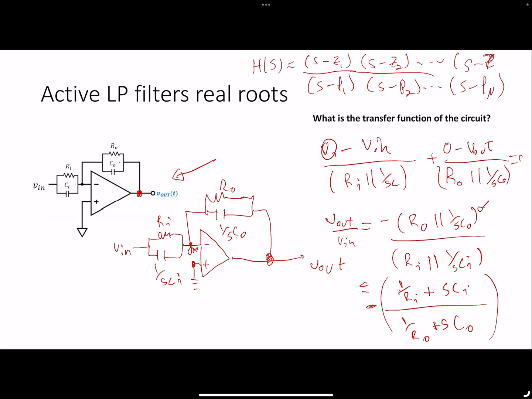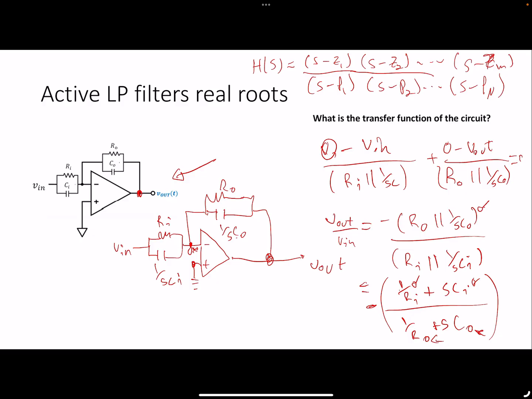So what we can do is choose this resistance and this capacitance to get whatever zero we would like, and then choose this resistance and this capacitance to get whatever pole we would like. And that's what we're going to call an active filter.